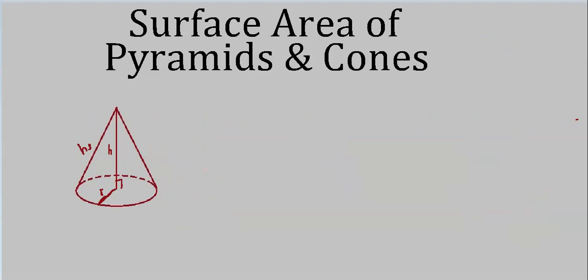Now for a cone, we have some very similar parameters going on here. Instead of a side length, we have r, because the base of the cone is, of course, a circle. The distance from the base to the vertex is the perpendicular distance. That's the height, just like it was with the pyramid. And from the vertex to the circumference here, that distance, that's the slant height, just like before with the triangle.